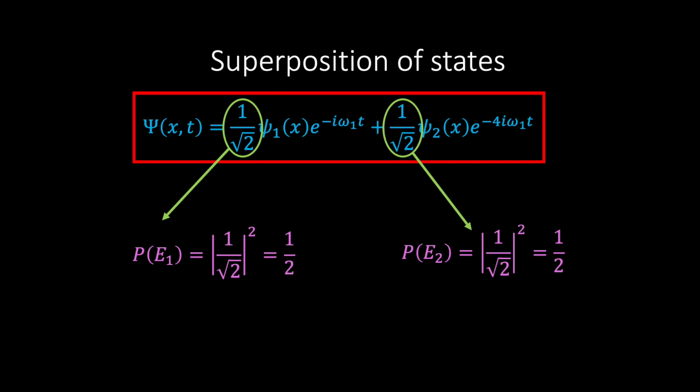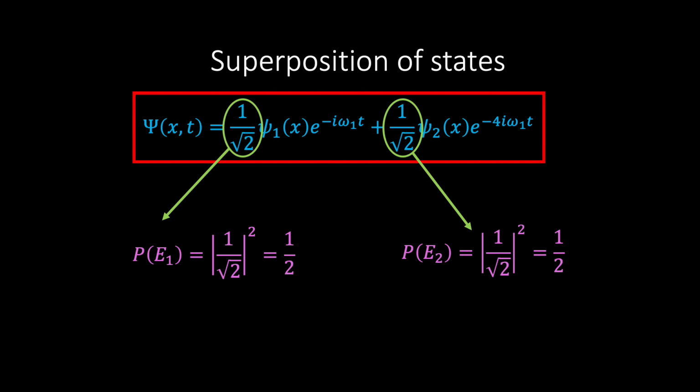Likewise, the probability of finding the particle with energy E2 is also equal to 1/2. And so we see that the measurement of the total energy of the particle could lead to either of two results, the eigenvalue E1 or the eigenvalue E2.